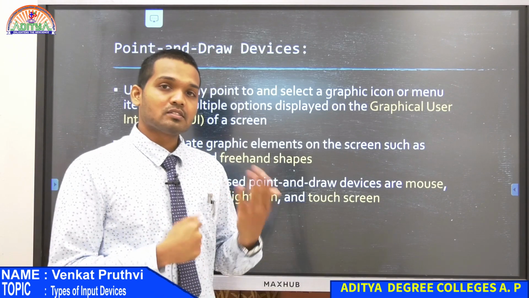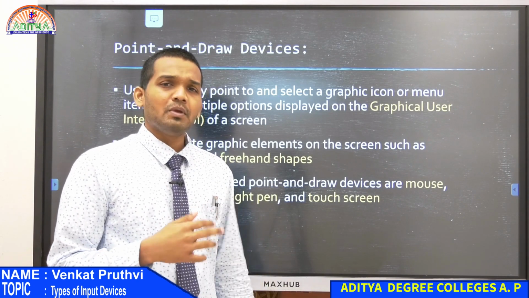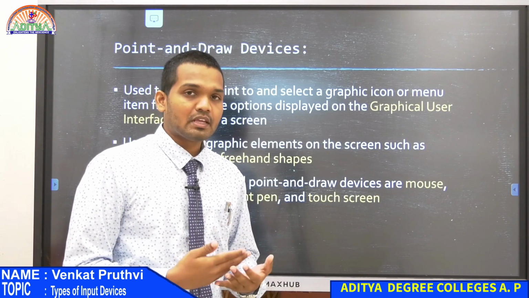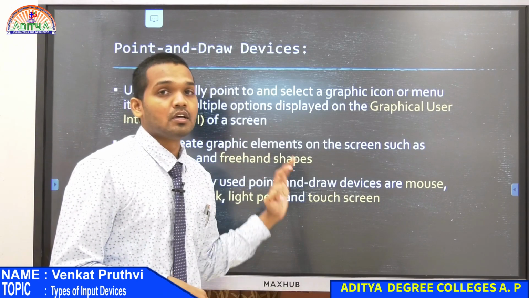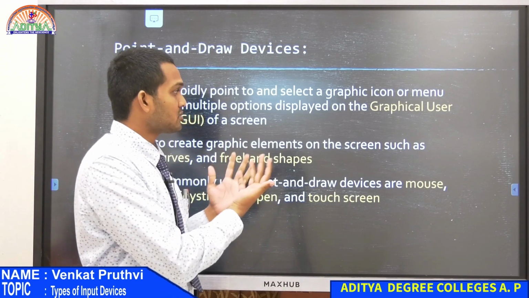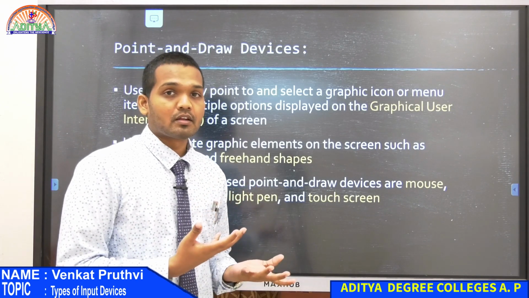So to make tasks easier for people to operate, to make people understand computers very easily, they came up with this concept of graphical user interface.